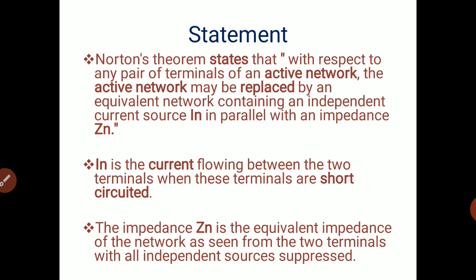So Norton impedance is also called Thevenin's impedance ZTH. Both are the same, so the procedure to find both impedances is the same. So Zn and ZTH are the same.